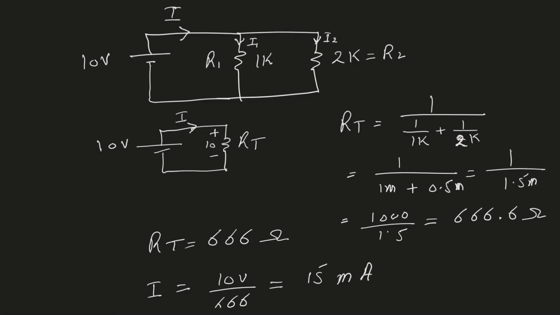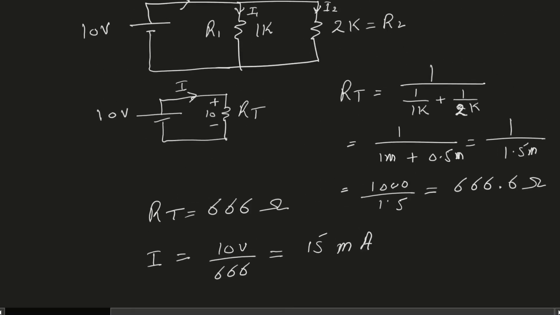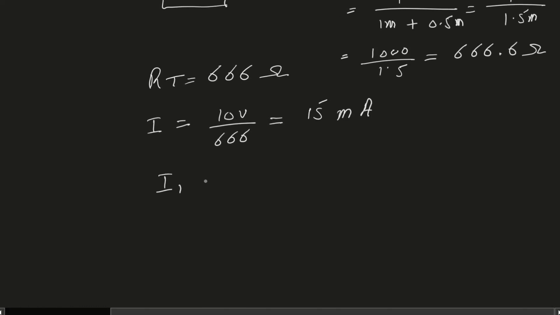each resistor. So the current through R1 is the supply voltage divided by R1. The reason why it's the supply voltage, as we have said before, is because the voltage across R1 is the same as the voltage of the supply. So therefore I1 is 10 volts divided by R1, which is 1 kilo.